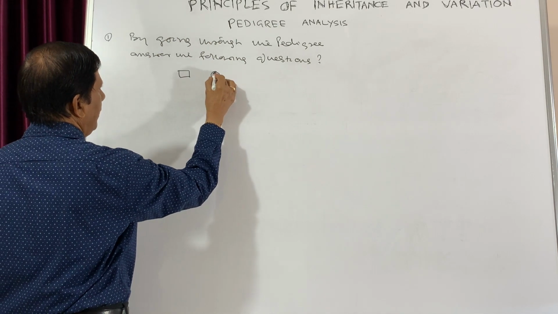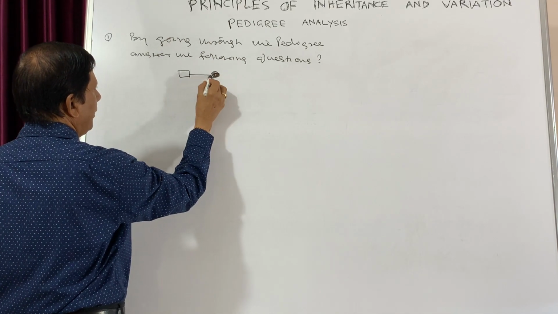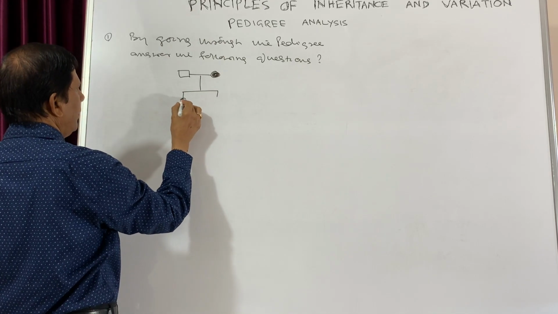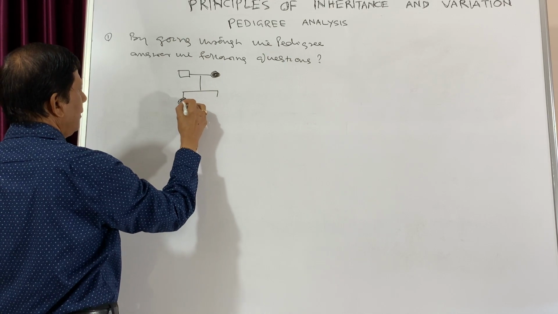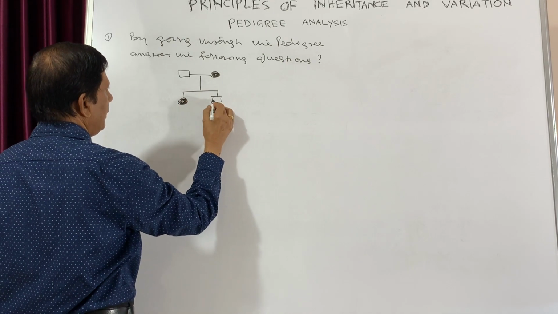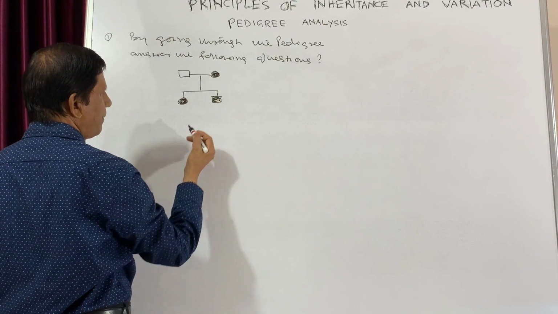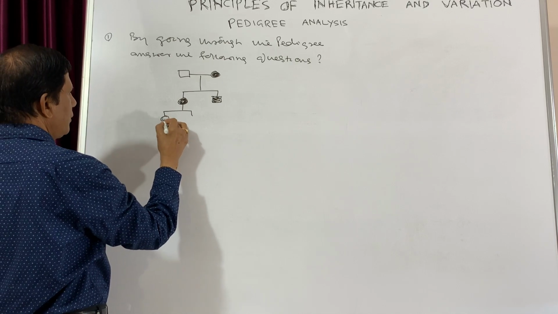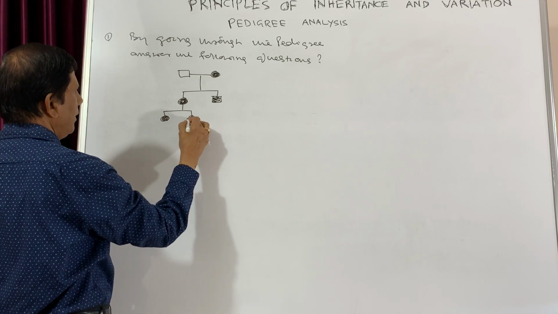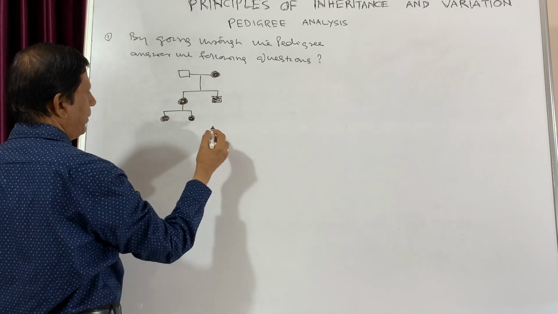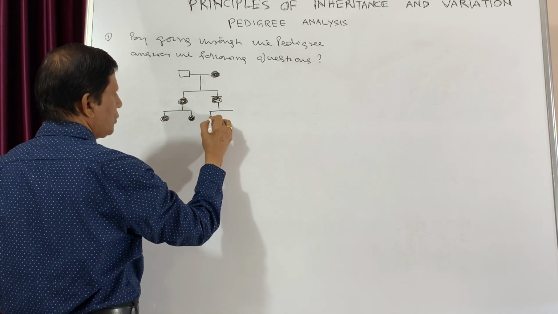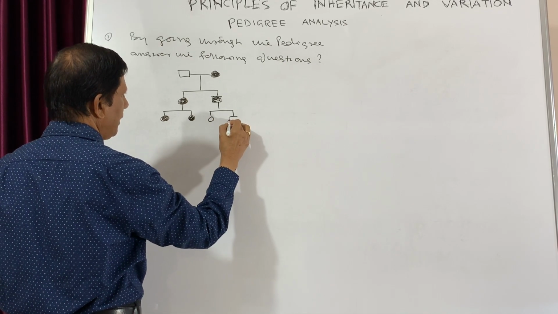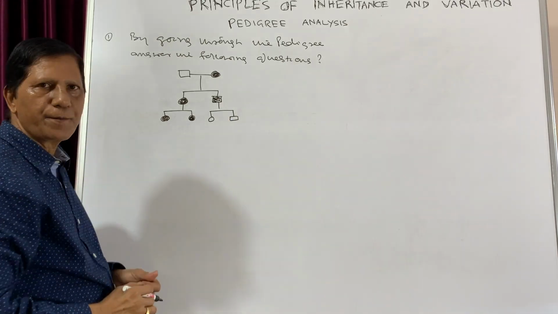Male, female, mating, then 2 children, 1 daughter affected, the son also affected. Now the daughter has again 2 daughters and both are affected. And the son has 1 daughter and 1 son, but they are not affected.